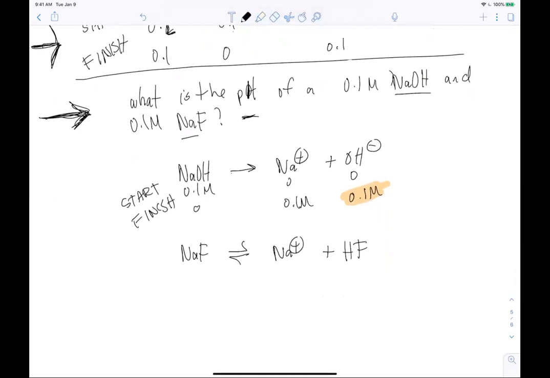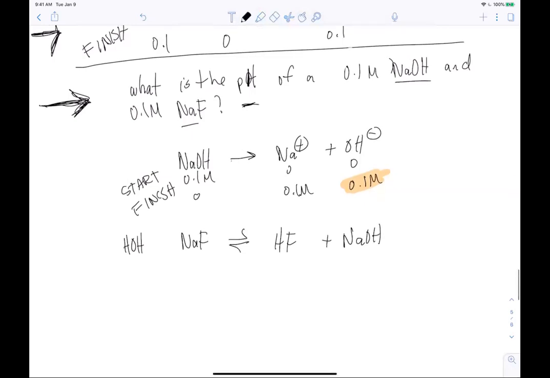I messed up here. Let's see, consistent with how I was doing it before. So what's its contribution? Well, that's a little bit more complicated.